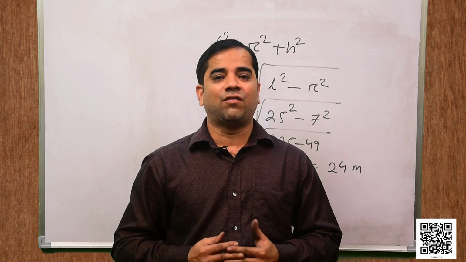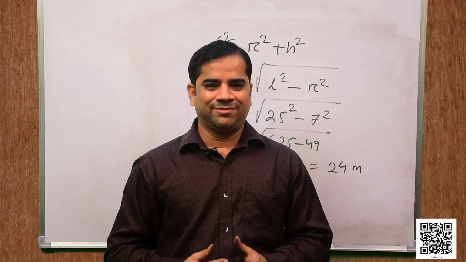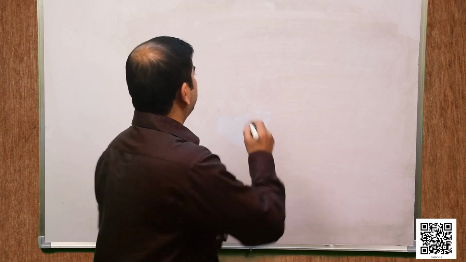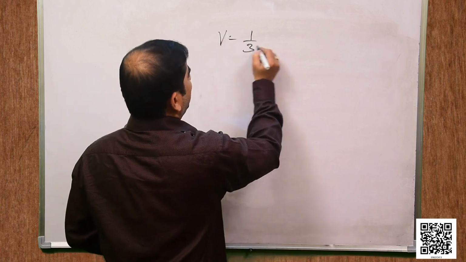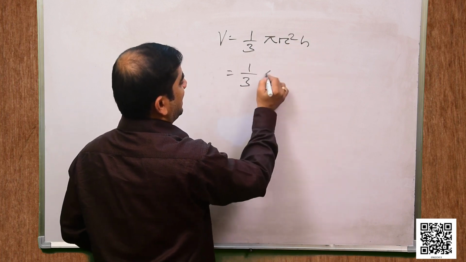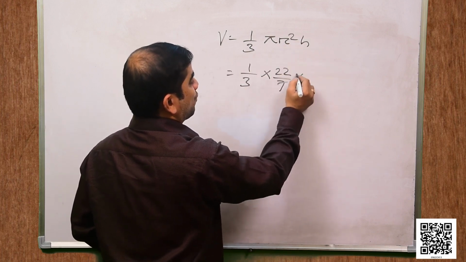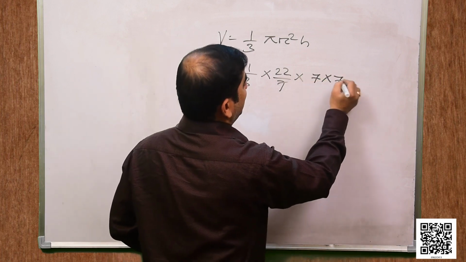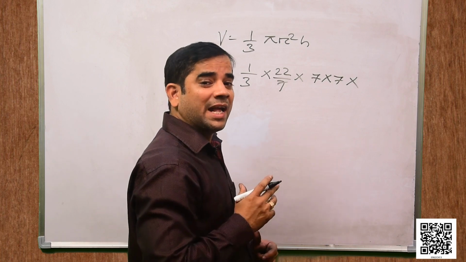Now let us find the volume of the conical tent. Okay, so students, what is the volume? Volume is equal to 1 by 3 pi r square h, that is 1 by 3 into 22 by 7. What is r? It is 7. So 7 into 7 into 8. What is height?